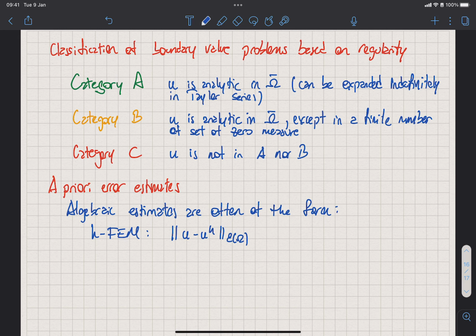This error is bounded by some constant, C1, times the mesh size h to the power of beta_h. Beta_h is my convergence rate, the slope of the straight line that I draw in log space, multiplied by the norm of the exact solution in the energy space.